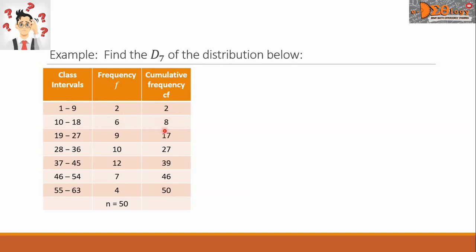So we write here 8. 8 plus 9 is 17. 17 plus 10 equals 27. 27 plus 12 equals 39. 39 plus 7 equals 46. 46 plus 4 equals 50. The last value here must be equal to the total number of frequency.